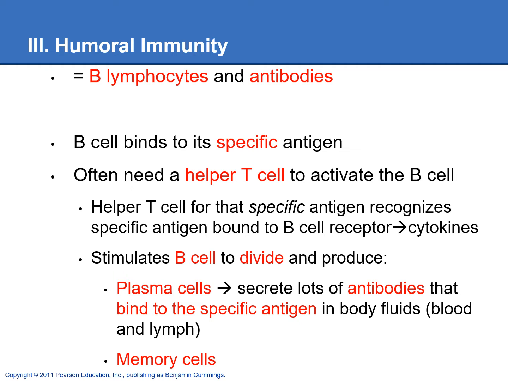And the B lymphocytes usually are going to need the help of a helper T lymphocyte to activate the B lymphocyte. And when the B lymphocyte gets the green light to start dividing, it's going to produce two types of cells. The plasma cells, which are the effector cells, they're going to be producing the antibodies that will do battle with the pathogen and bind to any of the pathogen it finds out in the body fluids.